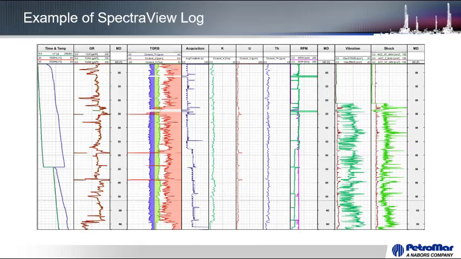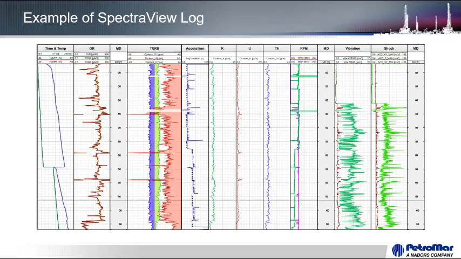And then the acquisition time, which is very important because the time that our sensors are exposed to the radiation also is the amount of counts that we get, and that can influence the output of the measurement itself. So that is very important when the tool is rotating, and how fast it is rotating and how fast it is moving along the borehole.